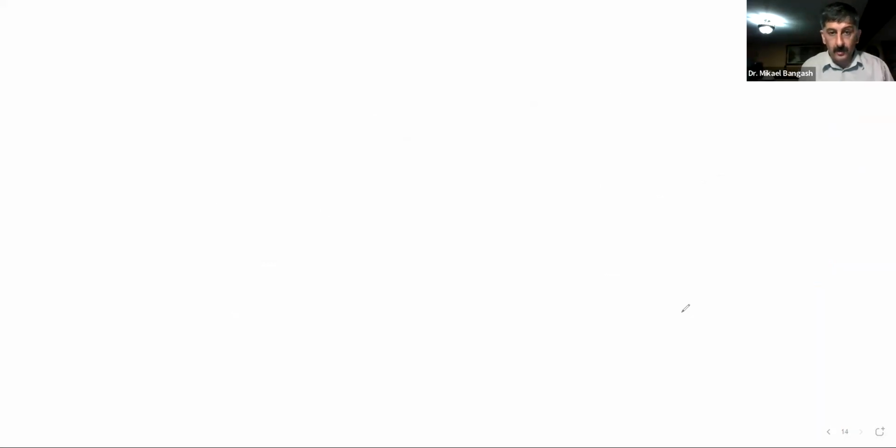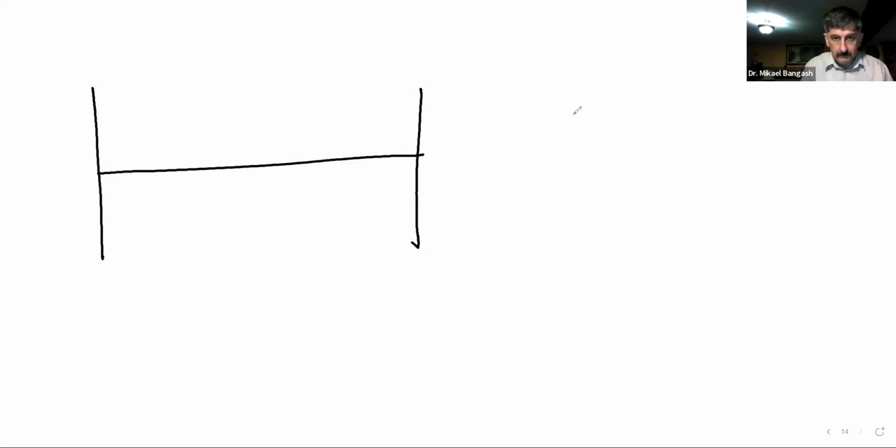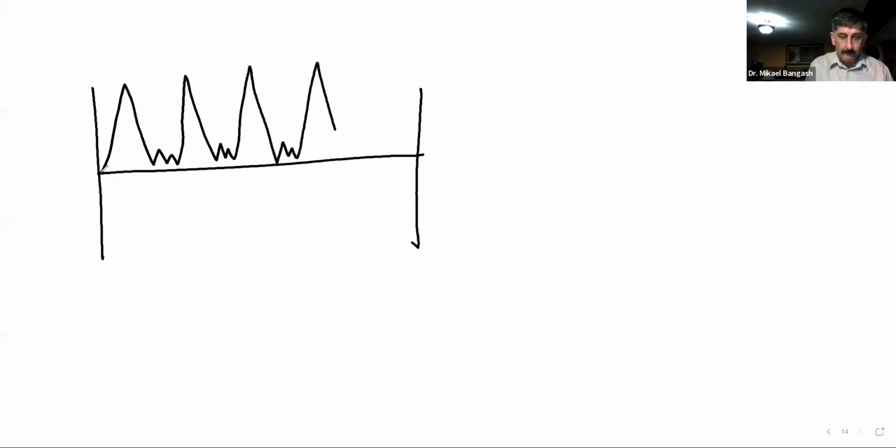Let's do it this way. Check two examples. Let's say in this instance, this is the real one. So the real one here was the positive Doppler shift.